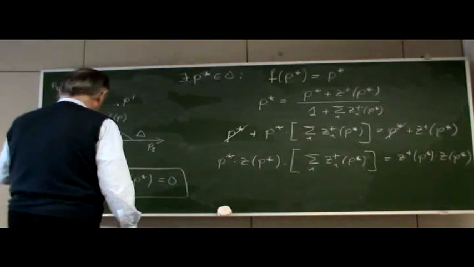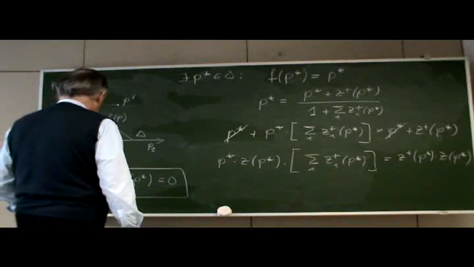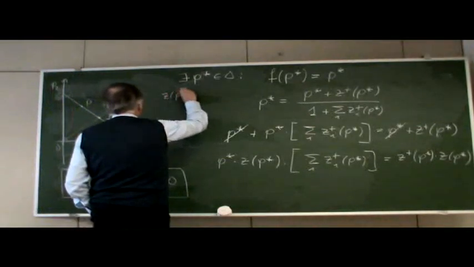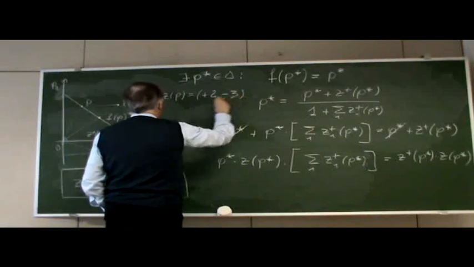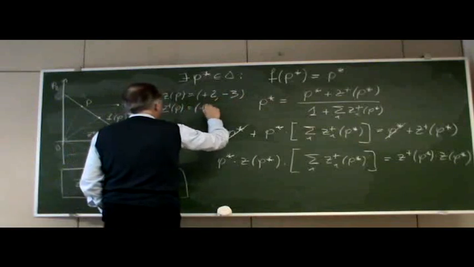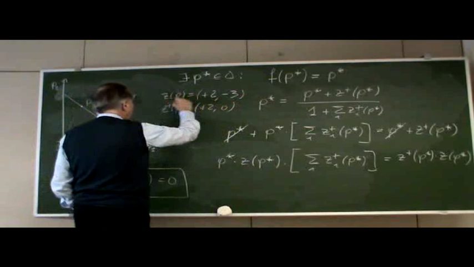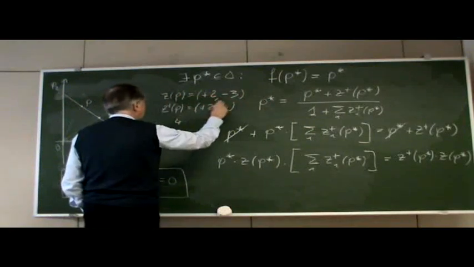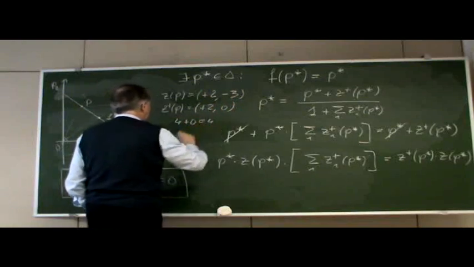Suppose, for the sake of an example, that a vector Z of P has components plus 2, minus 3. Then Z plus of P has components plus 2, 0. And when you compute the inner product between these two vectors, you obtain 2 by 2, 4, plus 0 by minus 3, 0, so 4.